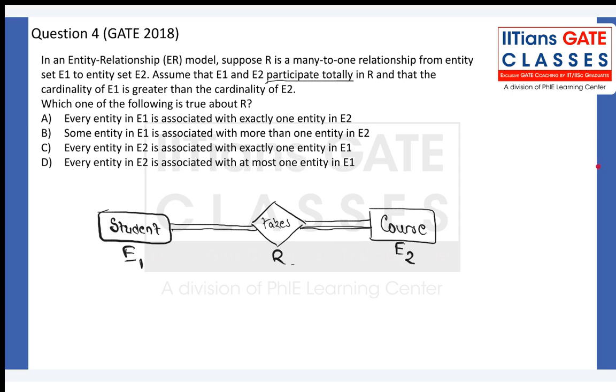Every entity in E2 is associated with exactly one entity in E1. That is also not true because why? Because your number of entities in E1 is more. For example, think of it like a Venn diagram, right? If you have each entity in E2 being associated with exactly one entity in E1, there will definitely be some entities in E1 which will not be associated with any element in E2.